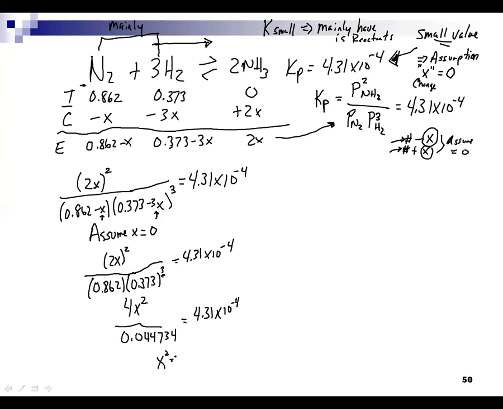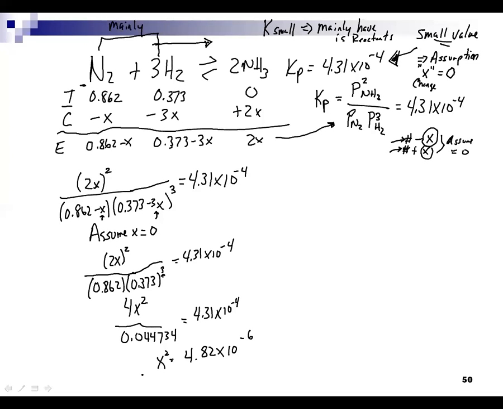That is going to give us x squared equals 4.882 times 10 to the minus 6.